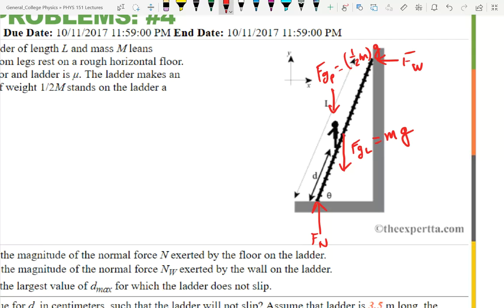It would slide out. So what direction is the force of static friction going to have to point? Toward the wall. And it's less than or equal to mu s force normal.